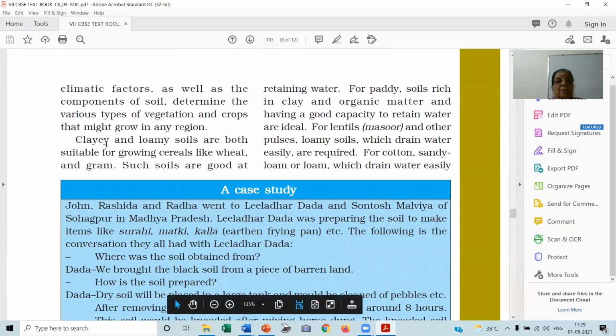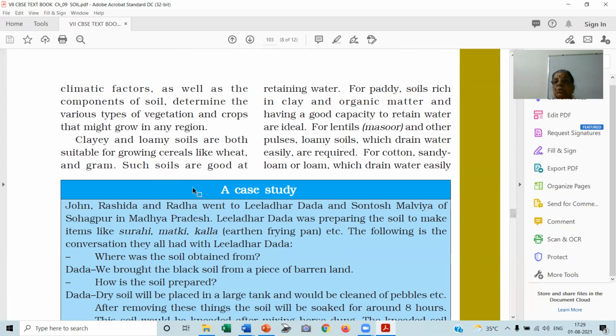Right? Similarly, climatic weather as well as the components of soil determine the various types of vegetation and crops that might grow in any region. Clear? So clayey soil and loamy soil are both suitable for growing cereals like wheat and gram.